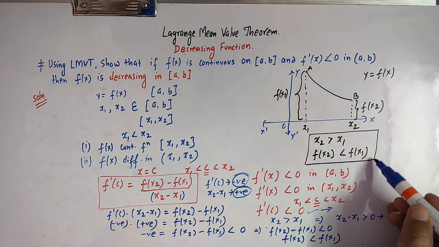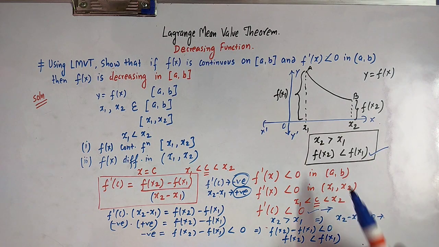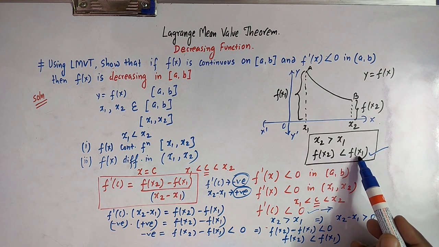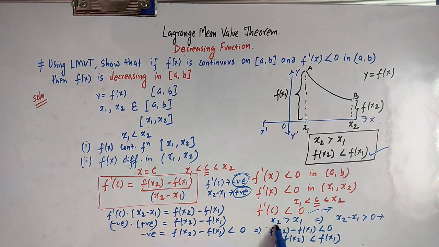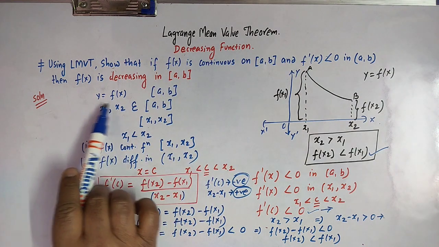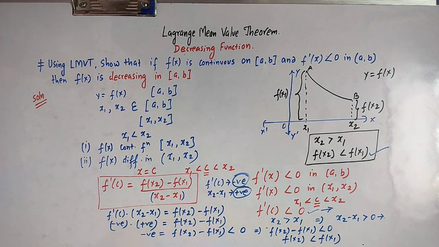And which is this condition, that is f of x2 is less than f of x1 for x2 greater than x1. So here we have x2 greater than x1, right? So this is how we can prove that a function y is equal to f of x is a strictly decreasing function with the help of Lagrange's mean value theorem.